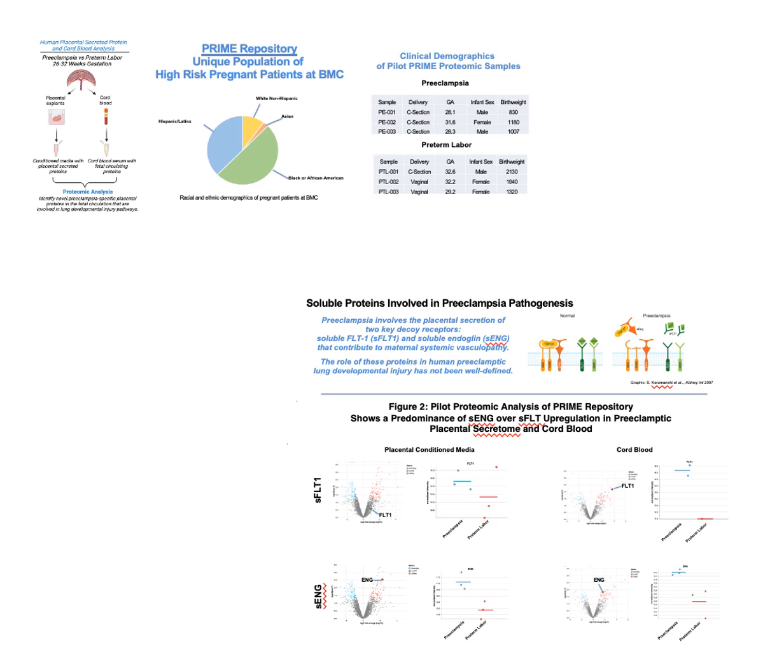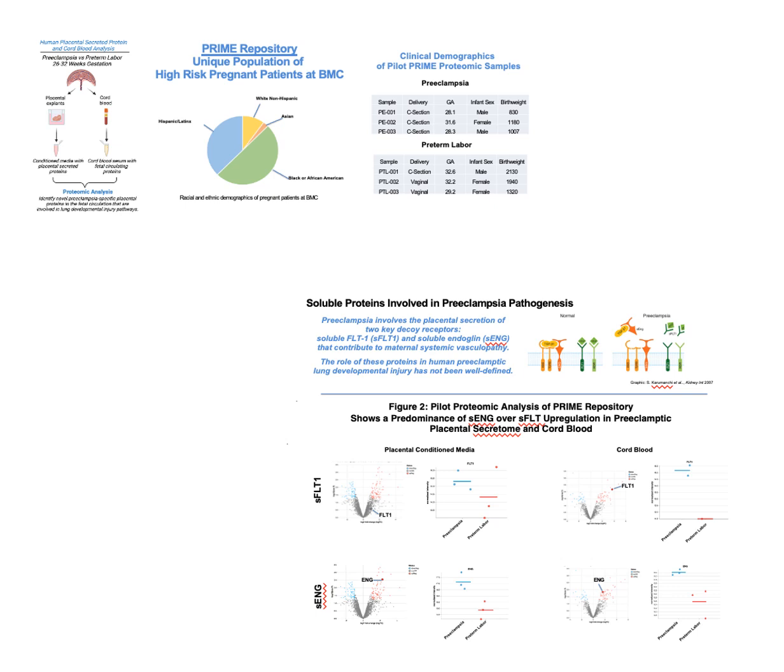In our pilot proteomics, we were able to identify established proteins that are involved in preeclamptic pathogenesis. This was an important anchor for us to show that our data was indeed useful and could be further expanded into additional analysis.